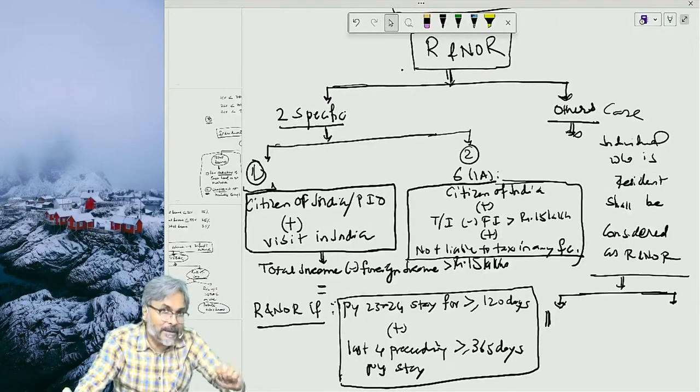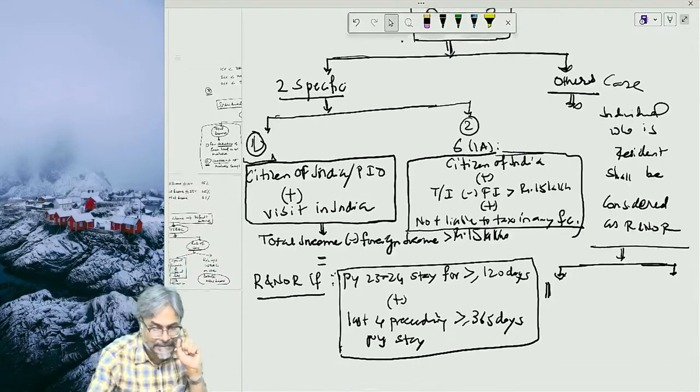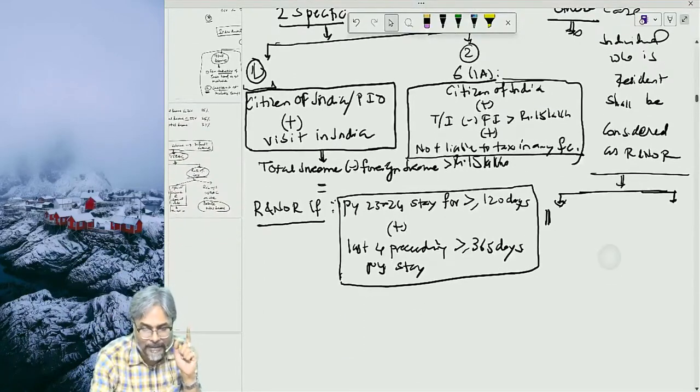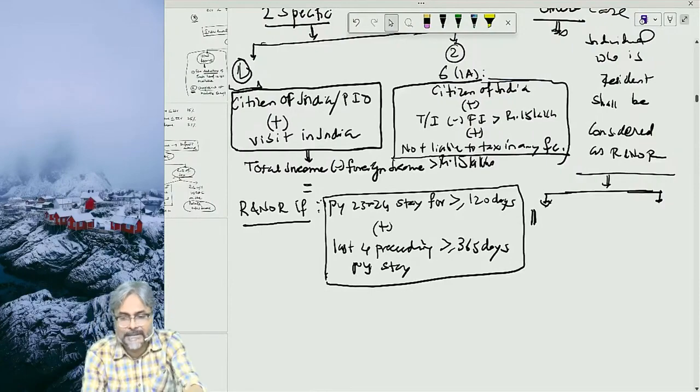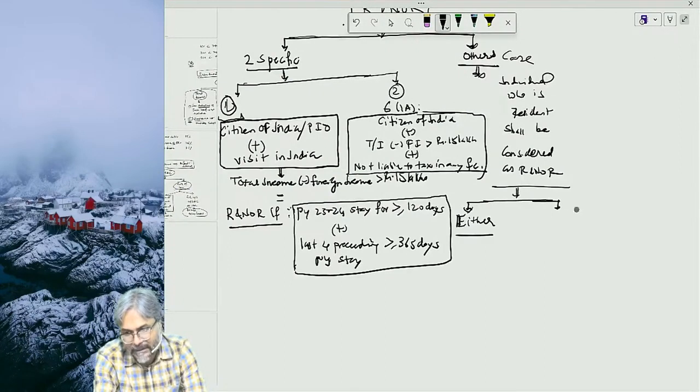But revising R and OR, that's the discomfort. Therefore, for R and NOR in this scenario, there is an either-or concept. Either he defaults on the first one, or the other one. Either one.